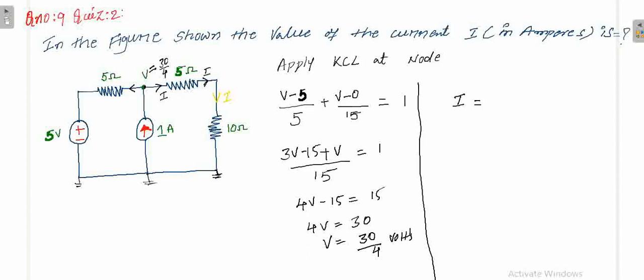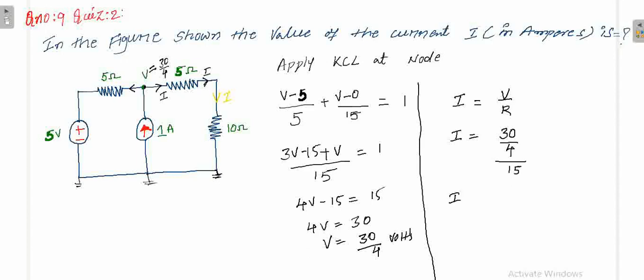I is equal to voltage by resistance. The voltage is 30 by 4, and the total resistance is 15.